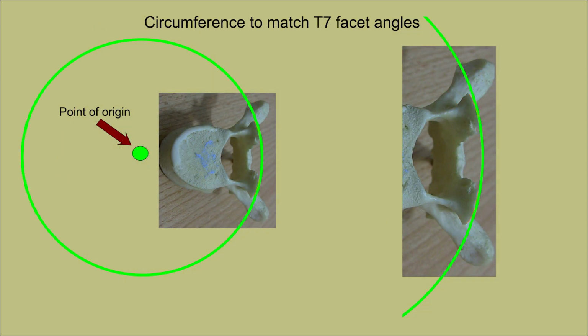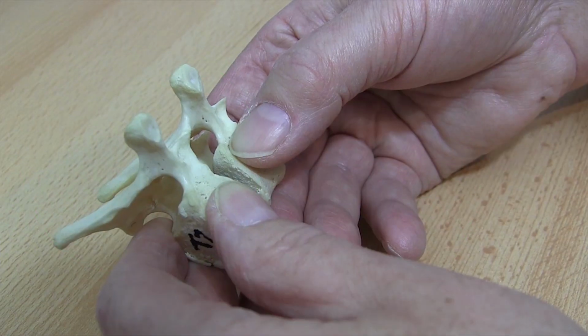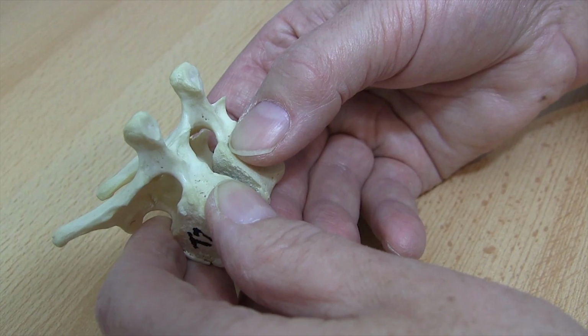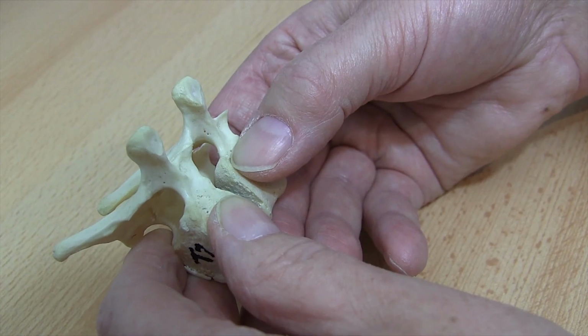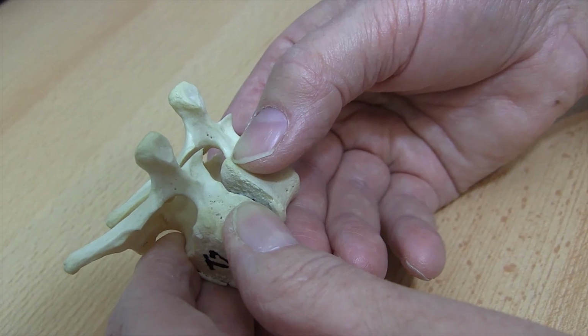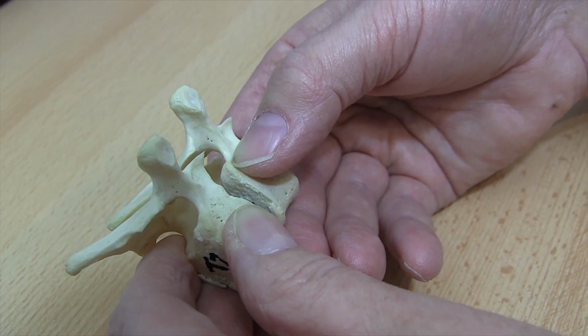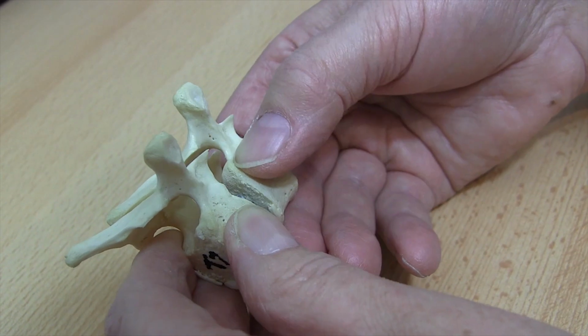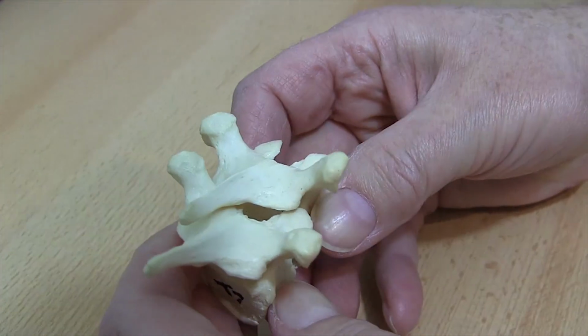A circumference that fits the T7 facets would need to have a radial point of origin somewhere around here, which is physiologically unfeasible, but an interesting point to note for visceral and cranial therapists. Using our T7 nucleus pulposus as our point of origin, look at what happens when I use it to rotate T6. The T6 facet comes away from the T7 facet, and you get bone against bone, beached here, and the joint locks.